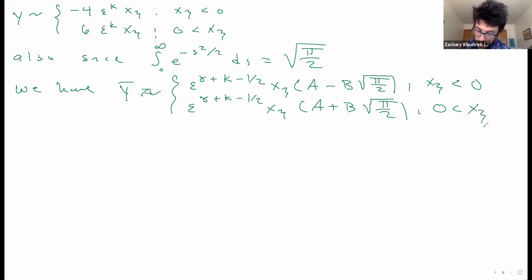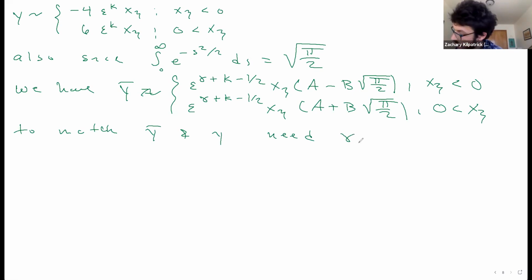Now to match y bar and y, we need, in particular, that gamma is equal to a half in order that we get the right scaling to match the alpha equals a half that we took before.